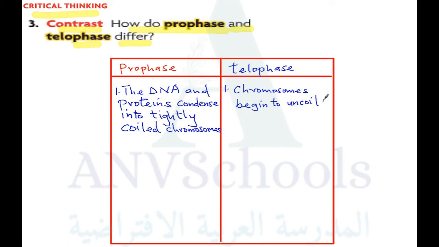So when here they are condensing into tightly coiled chromosomes, in telophase the chromosomes begin to uncoil.